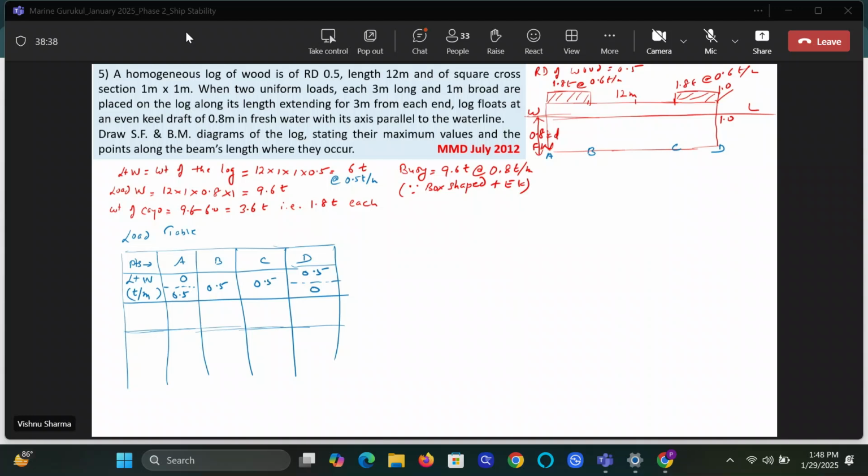Okay, beta. Can you fill in the row for cargo weight in tons per meter, guys? Please fill in.